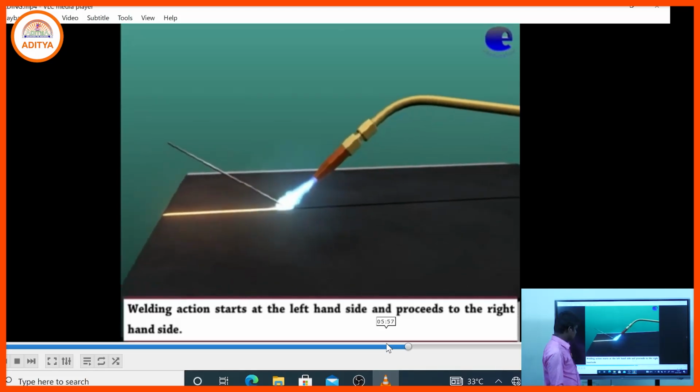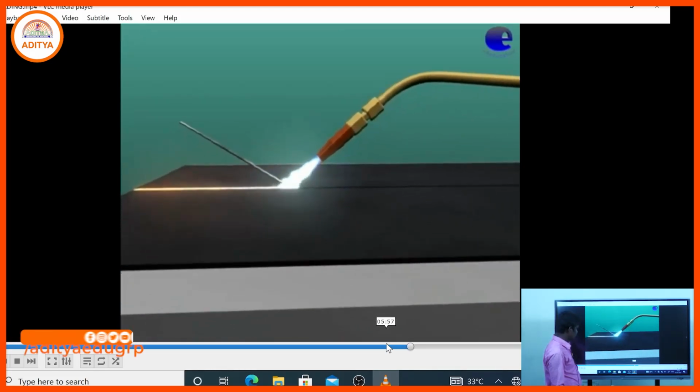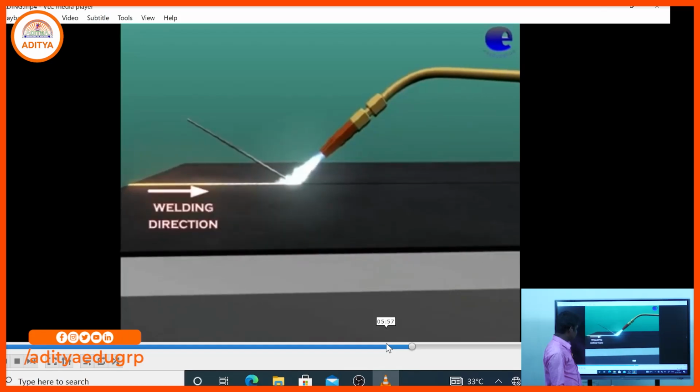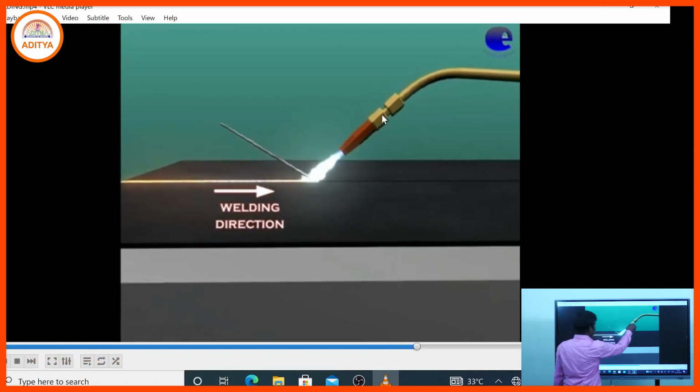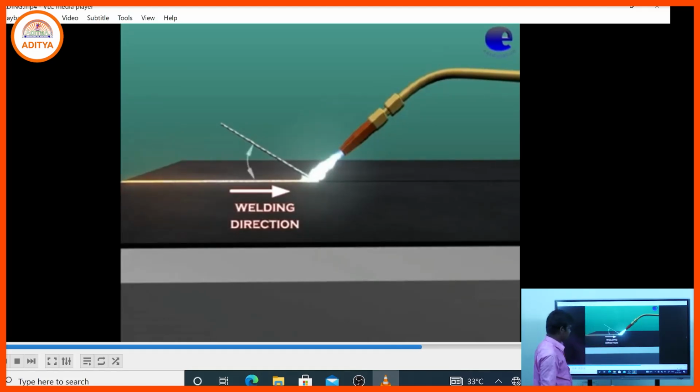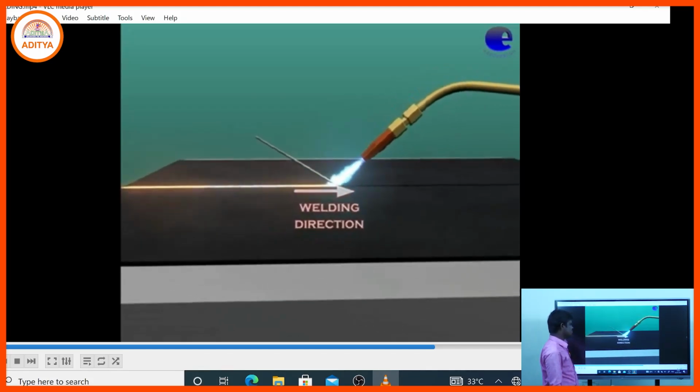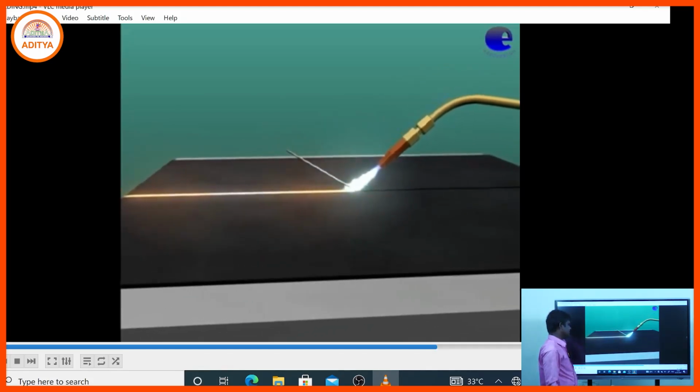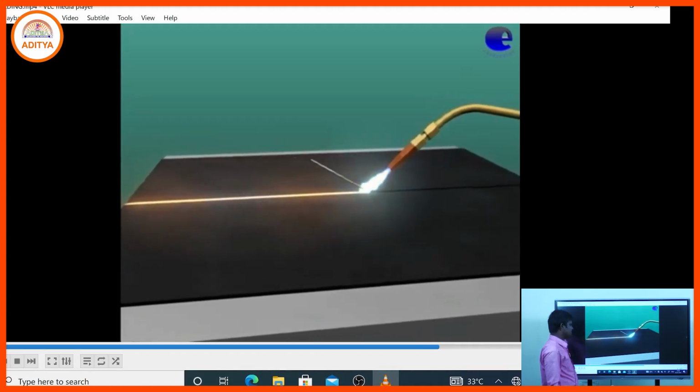That is the welding direction, the welding torch, and the filler rod. The angle maintained across the axis of the weld is 30 to 40 degrees with respect to the filler rod, and the angle of the welding torch is about 40 to 50 degrees.